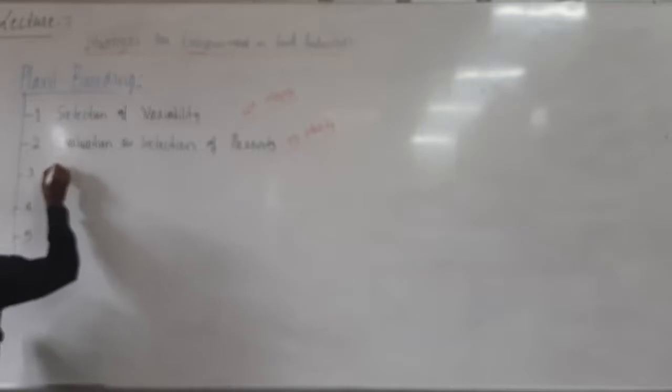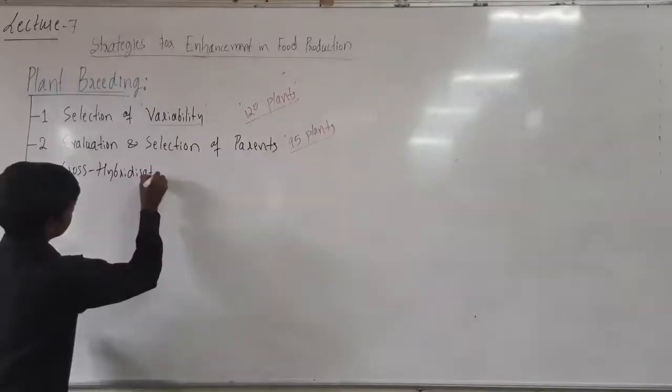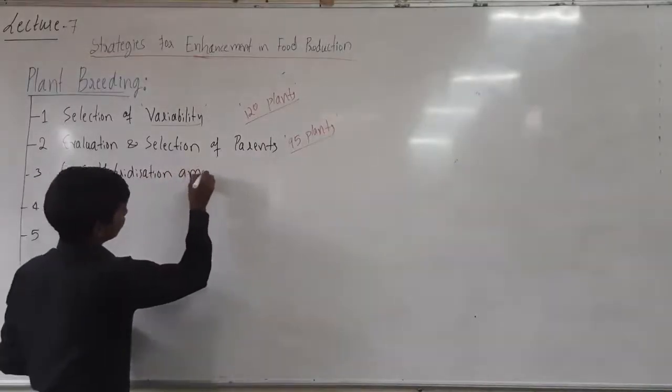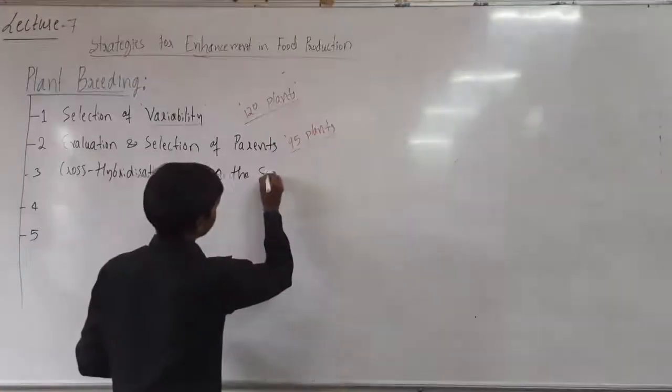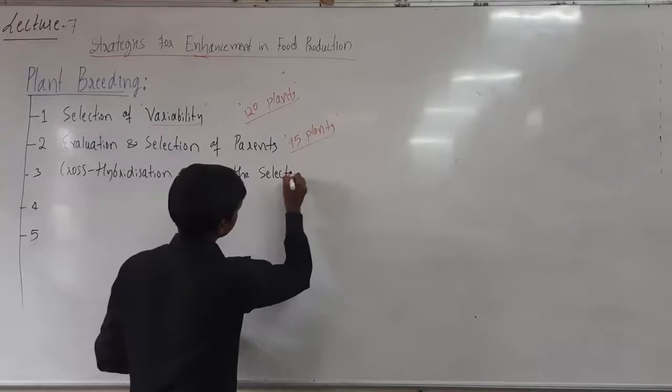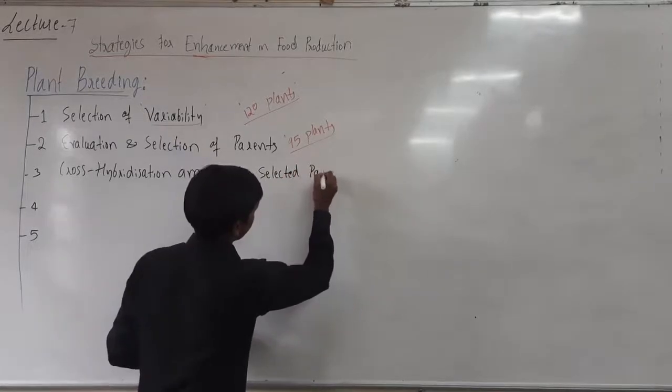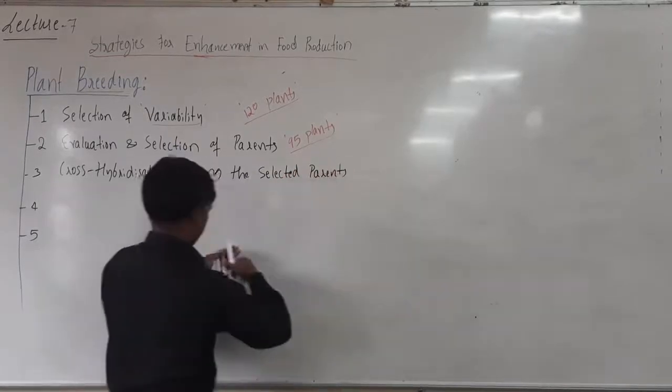Okay. After this, we'll go for the next step, that is the actual step, that is cross pollination. Cross pollination or the cross hybridization among the selected parents.